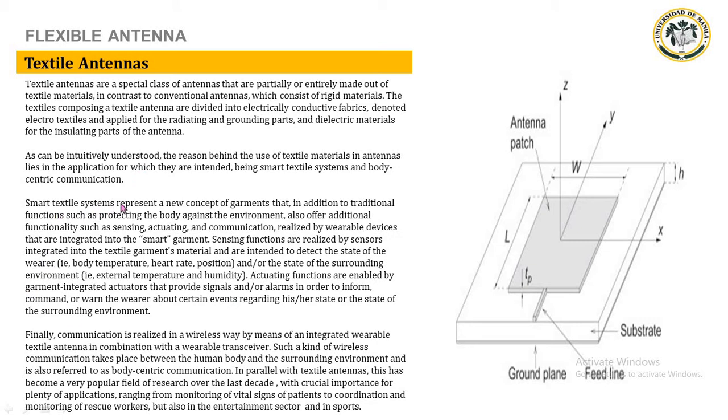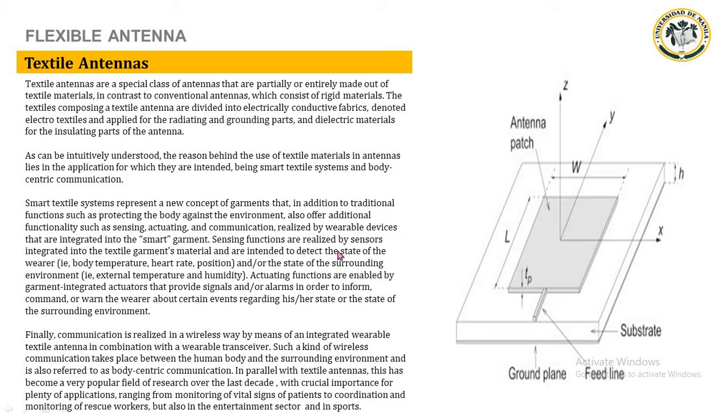Smart textile systems represent a new concept of garments that, in addition to traditional functions such as protecting the body against the environment, also offer additional functionality such as sensing, actuating, and communication realized by wearable devices integrated into the smart garment.